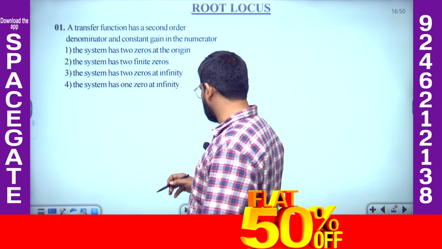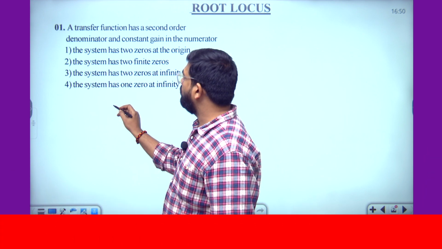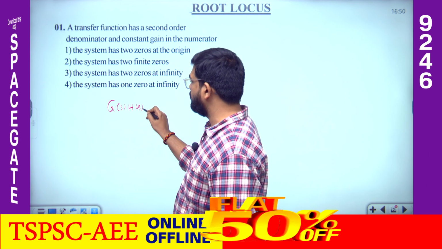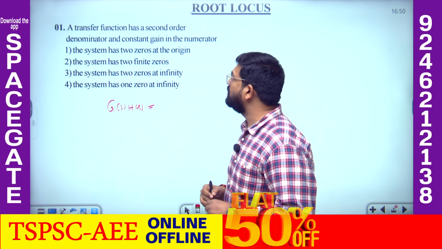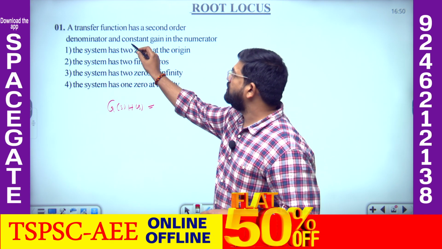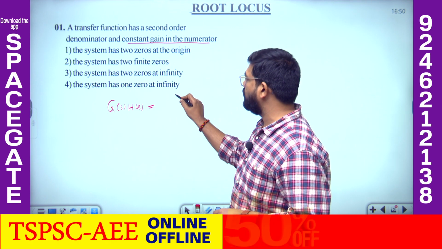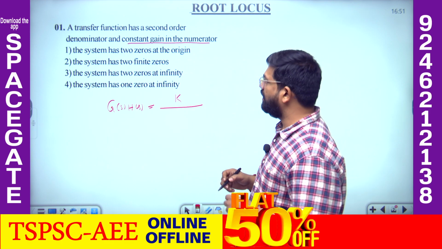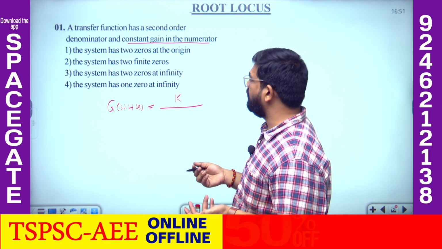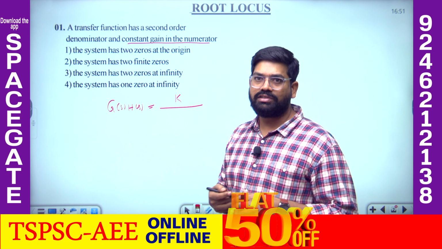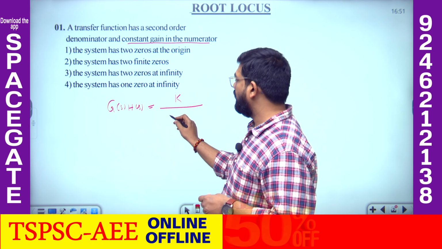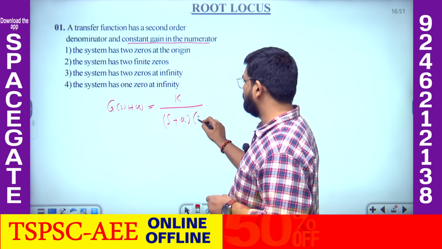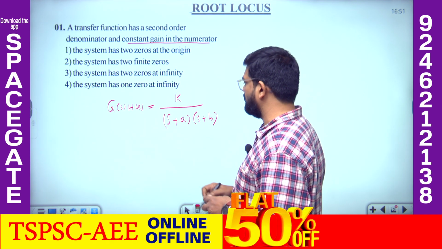Here is its open loop transfer function, which I am writing as G(s)H(s). A constant gain in the numerator, so I am selecting it as K, and a second order denominator means it should consist of two poles, like s plus a or s plus b.